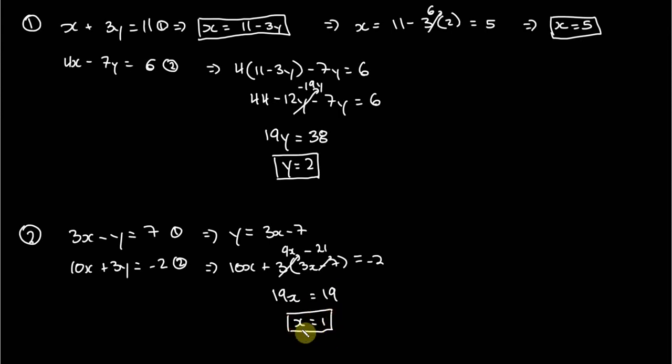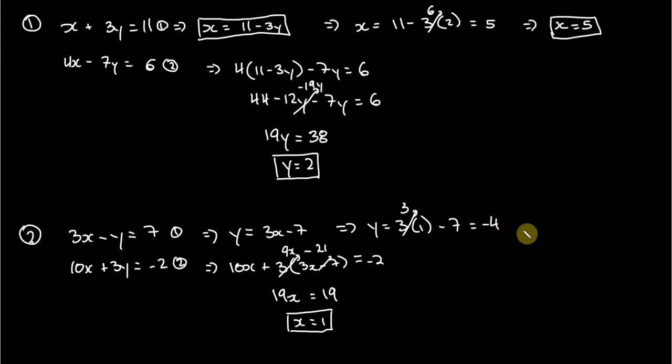So now that we have the value for x, we can just substitute it back into our equation for y, into equation 1, I should say, which is a line, and I will write that here. So y equals 3x minus 7, so instead it's going to be y equals 3 times 1 minus 7, and 3 times 1 of course is just 3. 3 minus 7 is going to be negative 4.